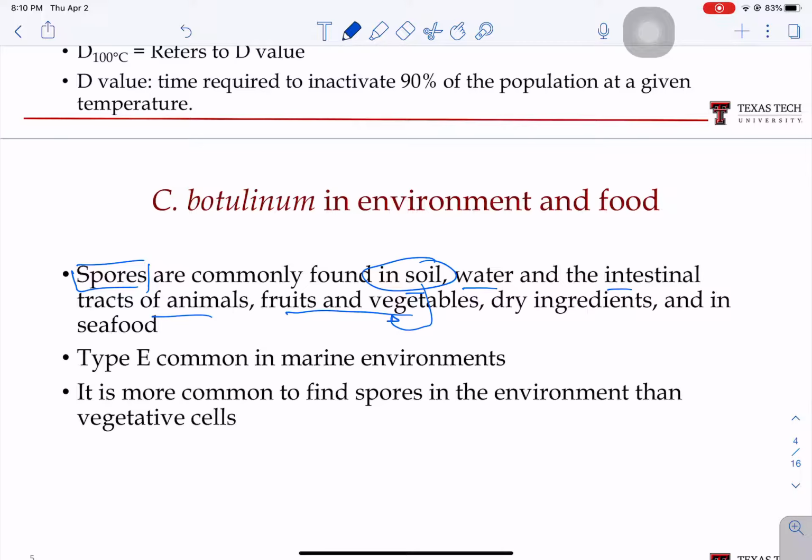And dry ingredients also are most likely contaminated from environmental sources or soil as well, and some seafood. So water and seafood are mentioned here because type E specifically is very common in marine environments. So you will see seafood carrying this type of Clostridium botulinum as well.